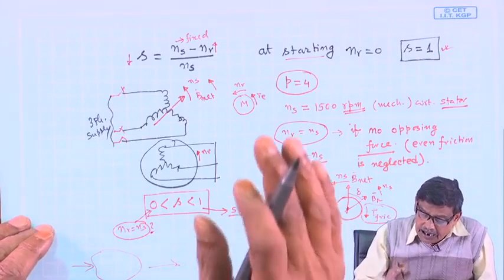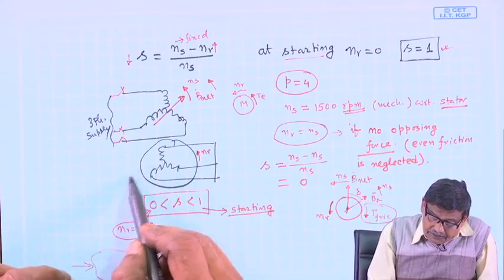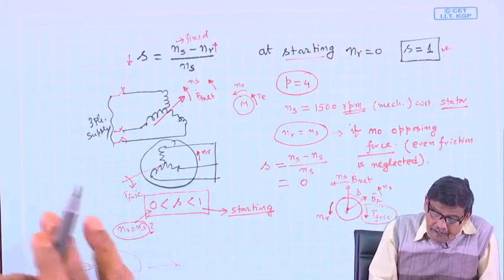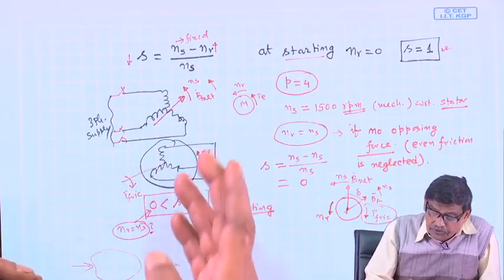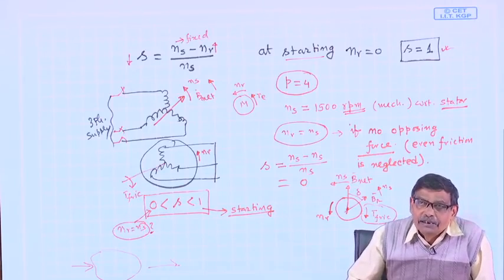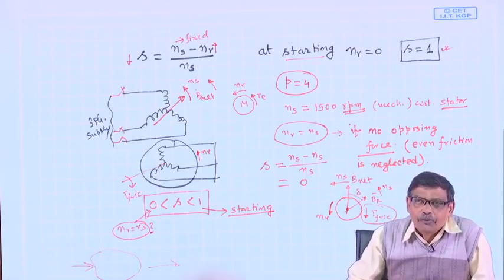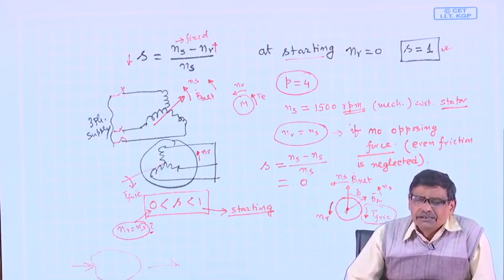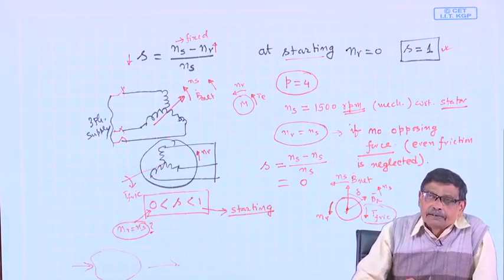You energize the supply and there is some opposing frictional torque acting in the opposite direction, and there is a stator field, there is a rotor field, the circuit is closed, electromagnetic torque is there, but this electromagnetic torque must be greater than T friction, so that the drama begins. I mean the rotor starts moving, otherwise what?